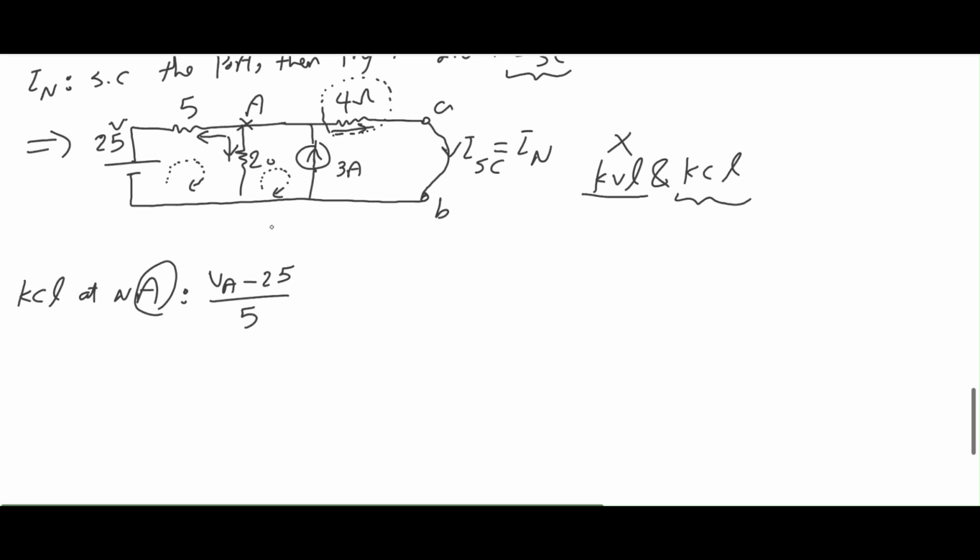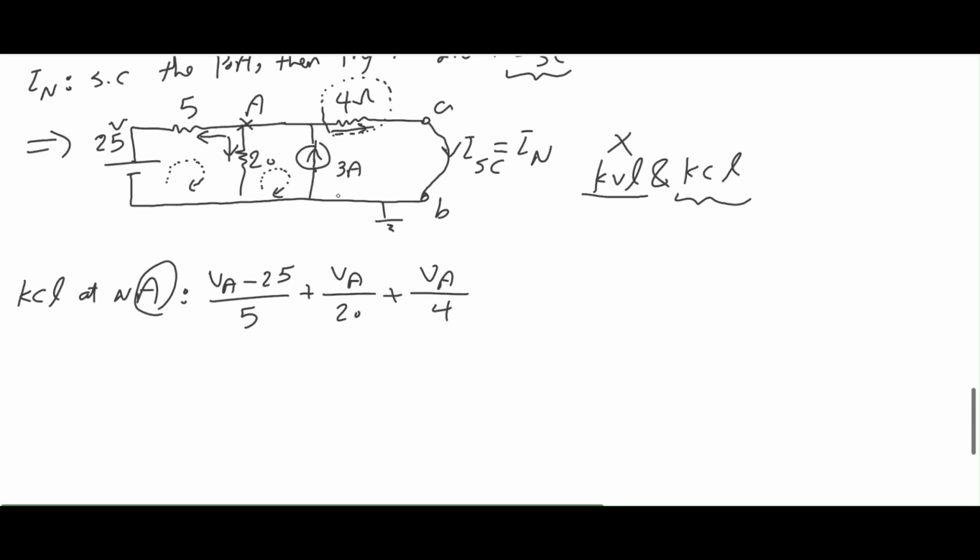For this current going vertically down, I have VA divided by 20. And for this current going out of node A towards port AB, I have VA minus the reference voltage, which is 0, divided by 4.